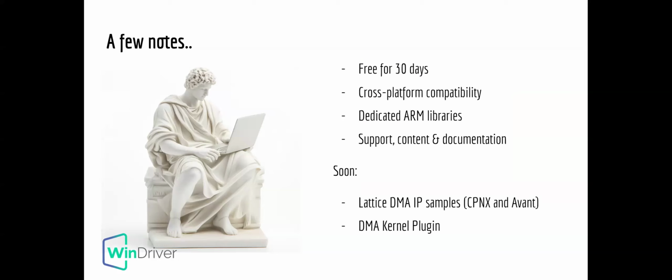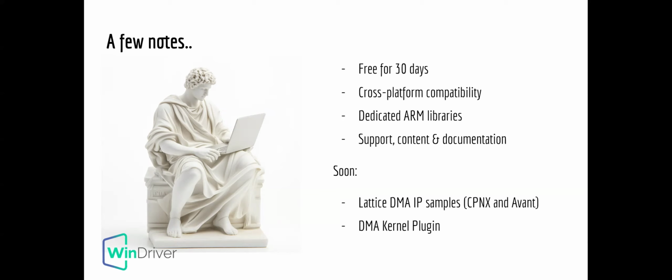A few more notes. As I said, WinDriver is available for download and it is free for 30 days on Windows and 60 minutes on Linux. If you haven't tried that, do it now. Go to our website and download WinDriver and install it. It's very easy. Almost everything I will show in this webinar has cross-platform functionality, which means you can build it, run it, and use it in Linux as well.